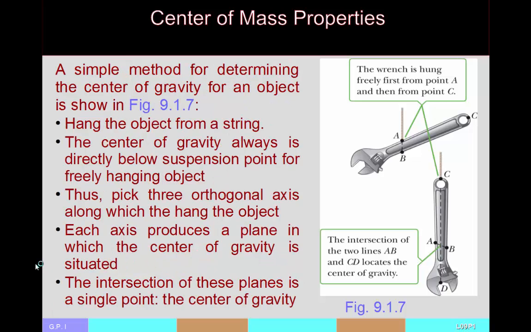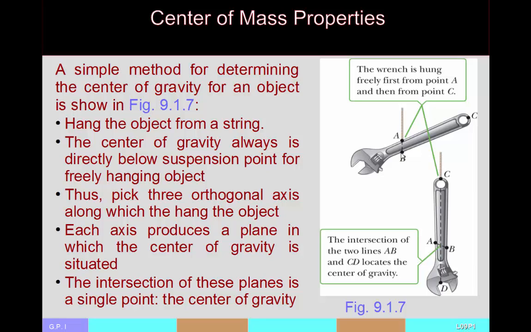So I gave you in the previous lecture a theoretical method for finding the center of mass. It's possible to find experimentally even more easily. What you do is you take a rope or string and you suspend the object from that rope or string. The object will hang in such a way that it will start rotating around until the center of mass is exactly below the suspension point.